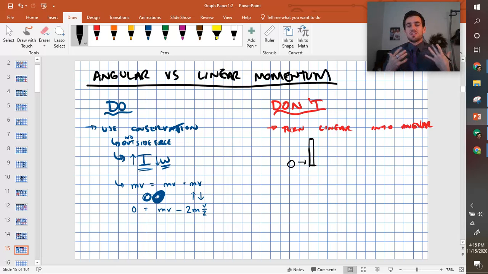If we want to describe what's happening here, often students say, well, we have linear momentum here because I have some kind of obvious mv, but later, as that stick or whatever starts rotating, now I have angular momentum. And you're not wrong. There is linear momentum here, and there is angular momentum here, but it's not linear turning into angular.